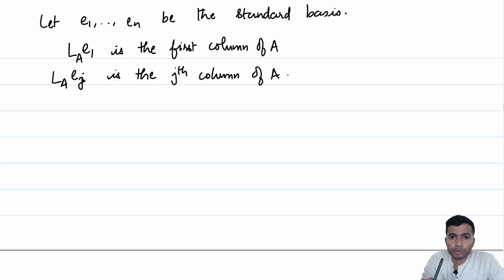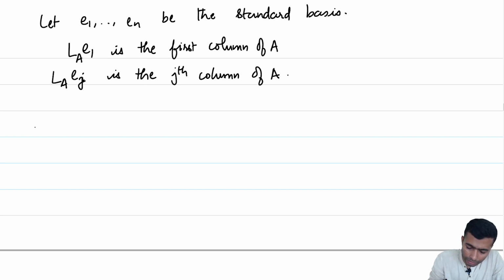The fact that E1, E2 up to En is a basis of Rn implies that LAE1, LAE2 up to LAEn should be at least a spanning set of the range space of LA.